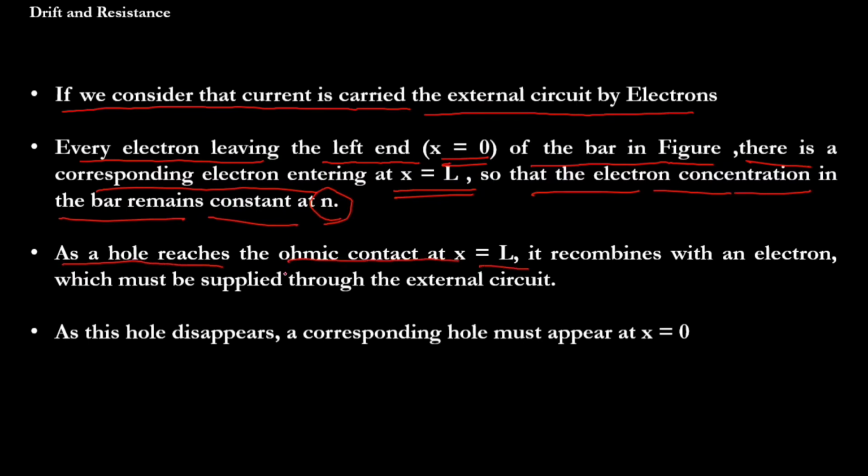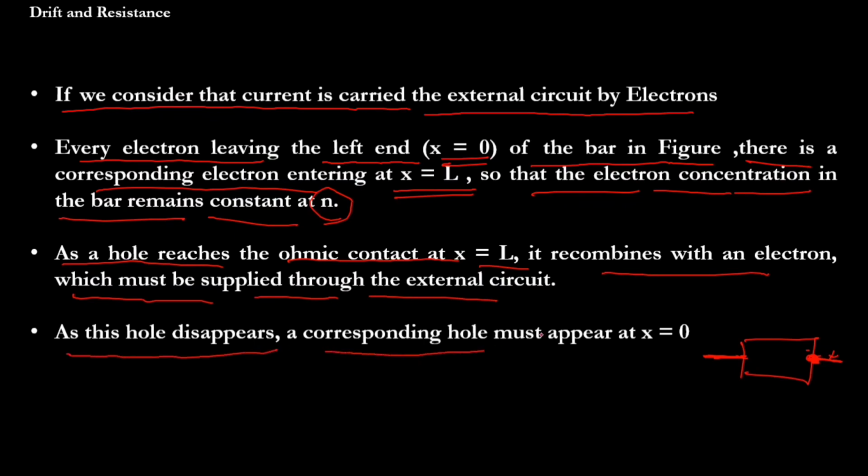If we have a semiconductor, we need an external lead to connect the external source. This contact between metal and semiconductor is known as an ohmic contact. So at the ohmic contact at x equal to L, the holes recombine with electrons, which must be supplied through the external circuit. As this hole disappears, a corresponding hole must appear at x equal to 0.